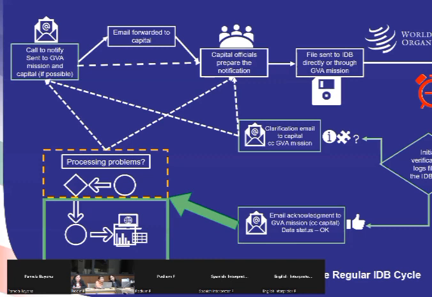Usually, the Geneva mission forwards this email to the capital, and then capital officials prepare the notification and send the file either directly to the IDB or through the Geneva mission. And then once we receive the file, we do initial verification.